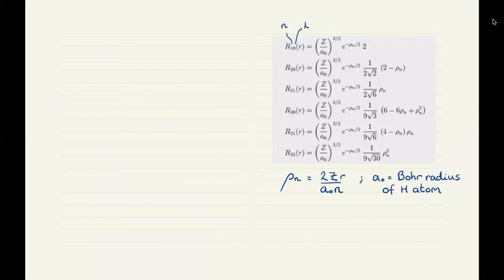And our first radial function here we see is exponentially decaying from the center as a function of r. And so it has the familiar form of the radial dependence of the hydrogen 1s orbital.